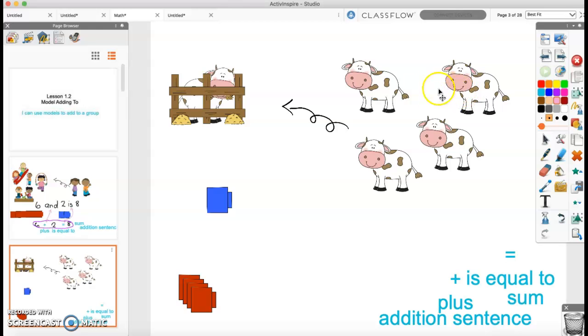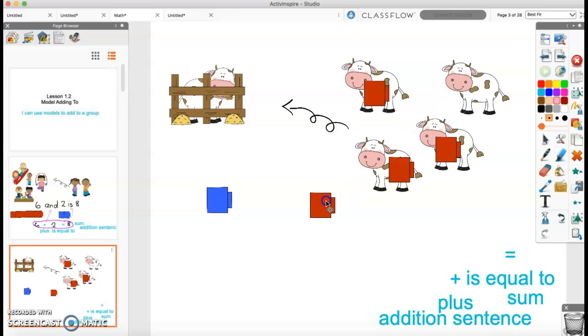And I have 1, 2, 3, 4. I have 4 cows and 4 cubes. So that we will put down here for my 4 cubes.